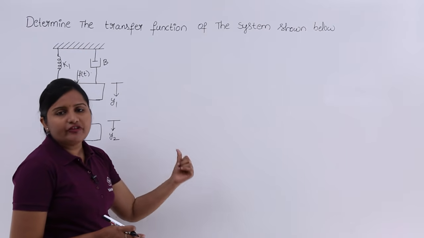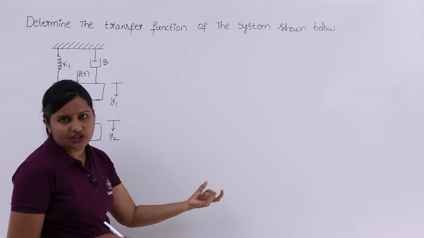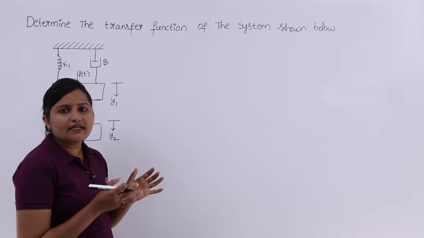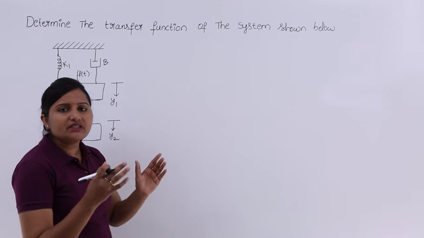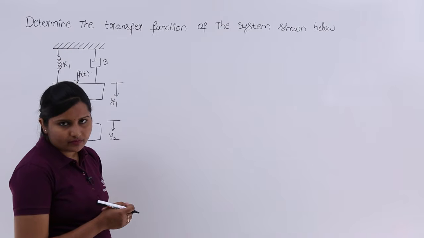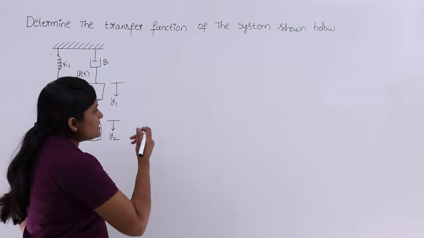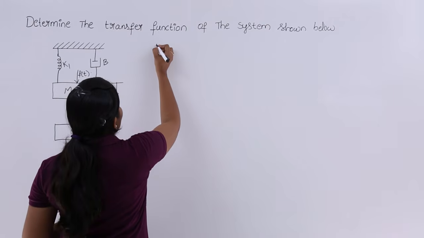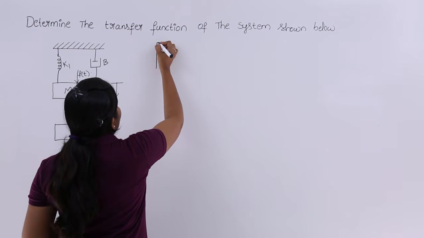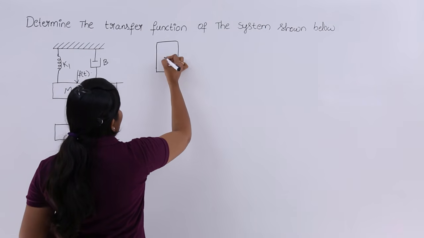Now we need to draw the free body diagram and write the force equations. After writing the force equations, from those equations we need to get the transfer function of the system. First, we ensured that this is mechanical translational, so I am doing the second part. I am drawing the free body diagrams of mass 1 and mass 2.